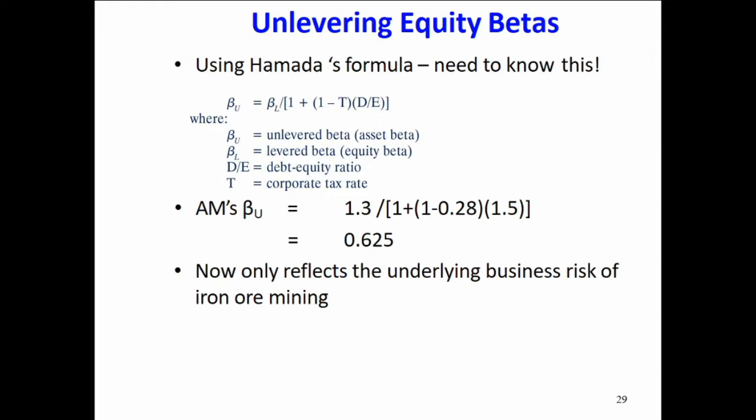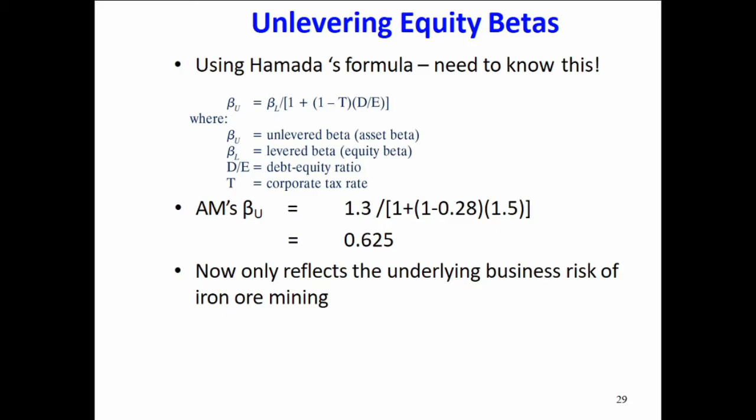So this is the Hamada formula we will use when we are unlevering a beta. We will take ArcelorMittal's levered beta being 1.3 and we will divide it, as you can see in the formula, by 1 plus the debt equity ratio of ArcelorMittal net of tax. This will then leave us with ArcelorMittal's asset beta.